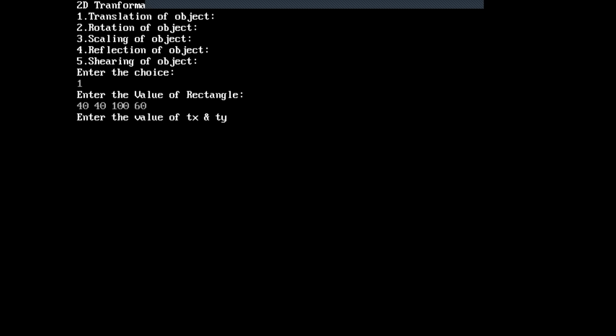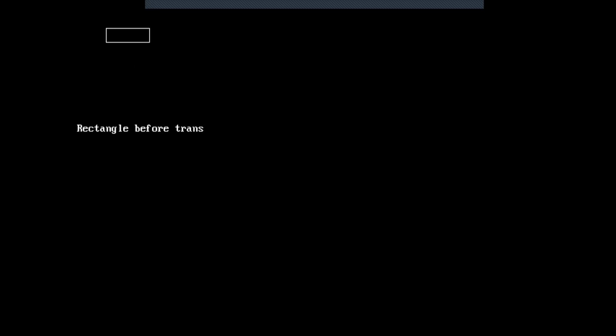Now Tx and Ty, that is nothing but the amount by which you are going to shift the object. So let us take 50, 50 as the Tx and Ty values. So this is the rectangle before translation. The 40, 40 is the upper left corner, and the lower right corner is 100, 60.